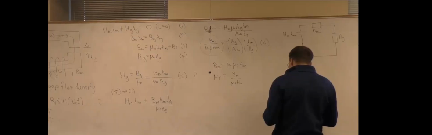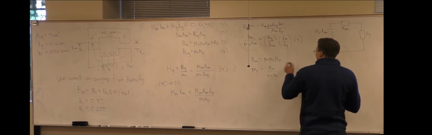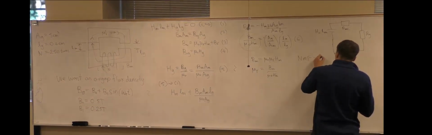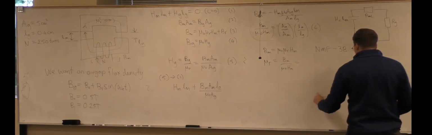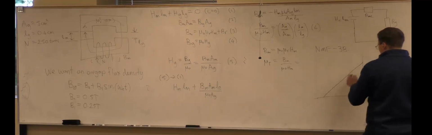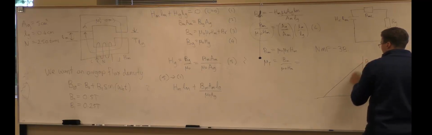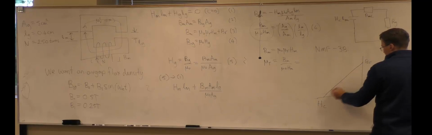I'll write down the relevant information that we need on the board as we go now. What we'll look at first is the NMF 3B, where this is the BR and this is the HC, it's a triangle.